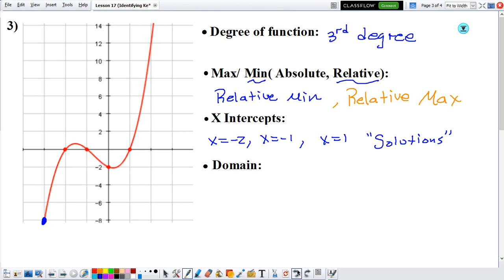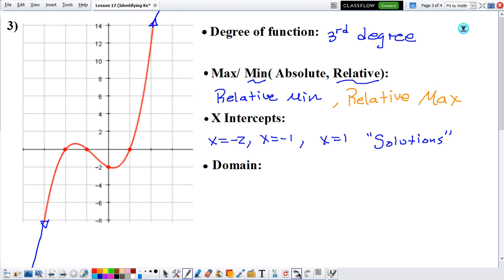If you don't see any kind of points at the end of your graph, then that means that your graph is still going to continue. So sometimes they put an arrow, sometimes they don't, or they should put an arrow. So if you don't see a point there, there's an arrow there. And if there's an arrow there, it says that your graph is still going to continue moving this way, all the way. And this part is going to continue moving all the way there.